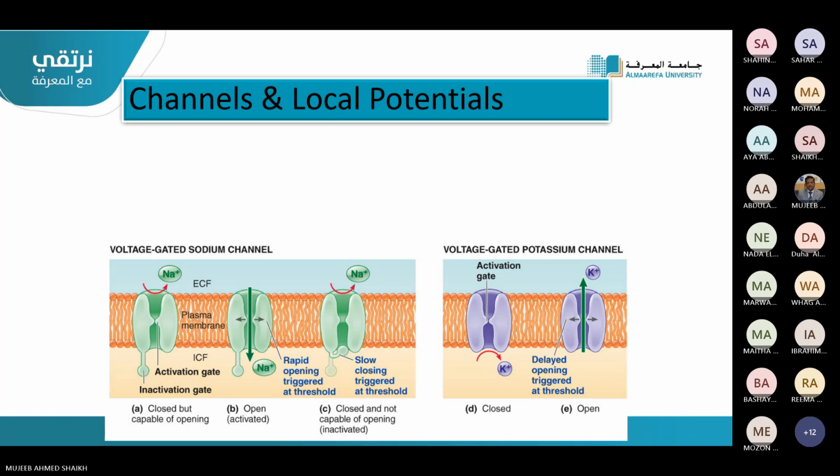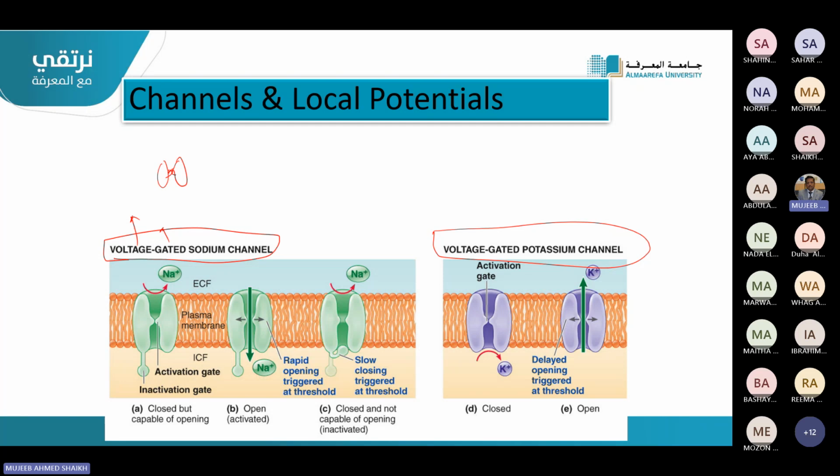The cause of action potential is mainly the voltage gated sodium channel and voltage gated potassium channel, their opening and their closure. Why is it called voltage gated? Because they will open and close based on the voltage of the membrane.